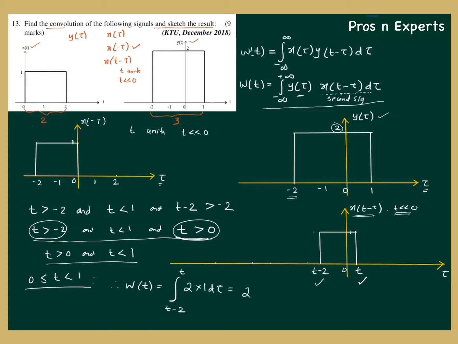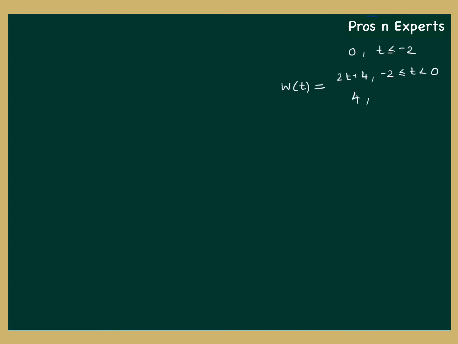So again it is 2 into the integral of d tau from t minus 2 to t, and that will give you, when substituting the limits, 2 times t minus (t minus 2), which gives you t minus t plus 2, and that is equal to 4. So our output w of t is equal to 4 in the interval 0 less than or equal to t less than 1. This is our next case output. I can immediately update our consolidation: w of t is equal to 4 for 0 less than or equal to t less than 1.